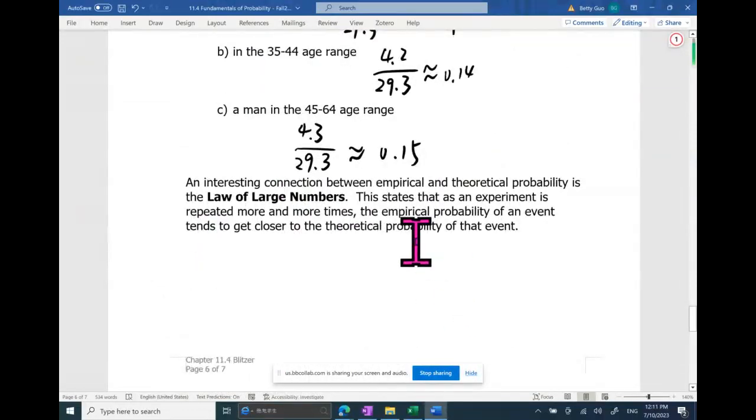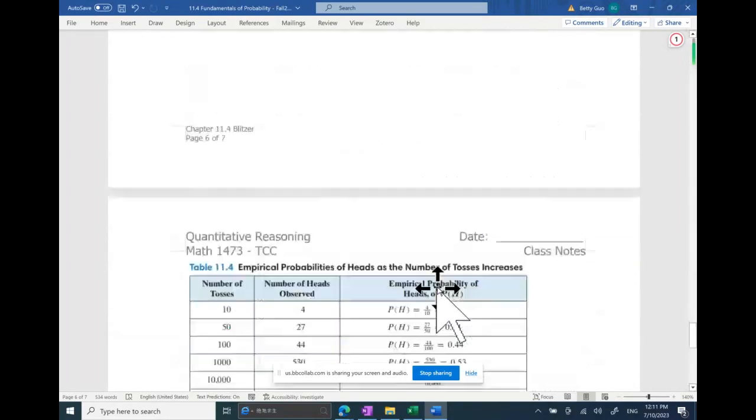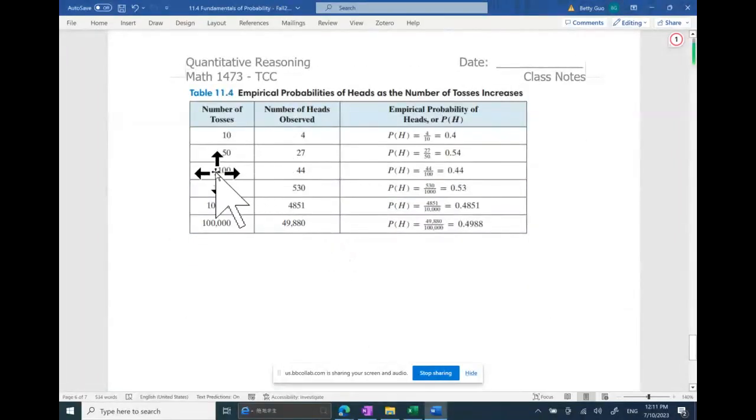The last part of the guided notes is about how the empirical probability tends to get closer to the theoretical probability if the number of experiments approaches infinity. As you can see from the result here, if you only toss the coin 10 times and get heads 4 times, then the empirical probability, which is actually a relative frequency, is 40%.